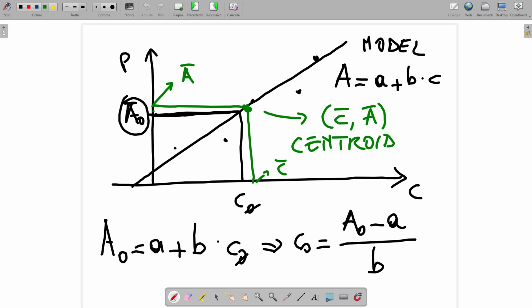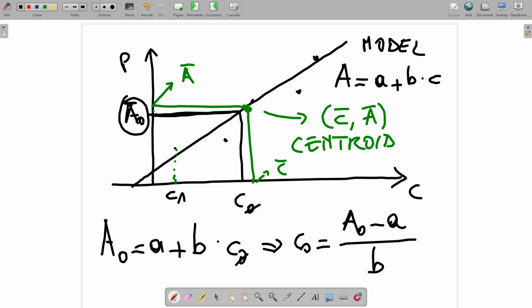when the first standard C1 is far from C0 or C average. We want that the concentration of the most diluted standard is very, very low with respect to the average of the concentrations of the standard samples.